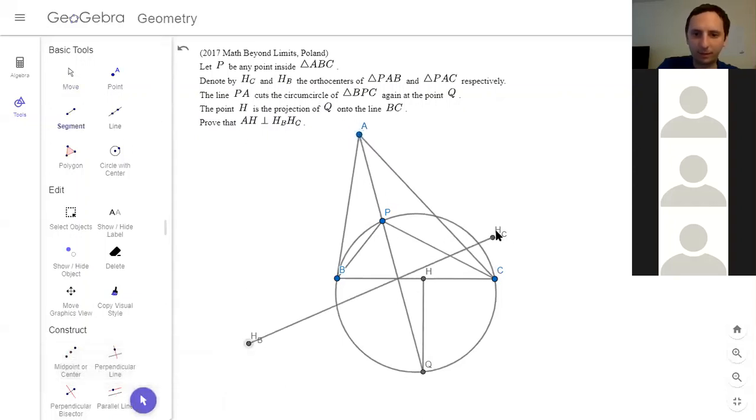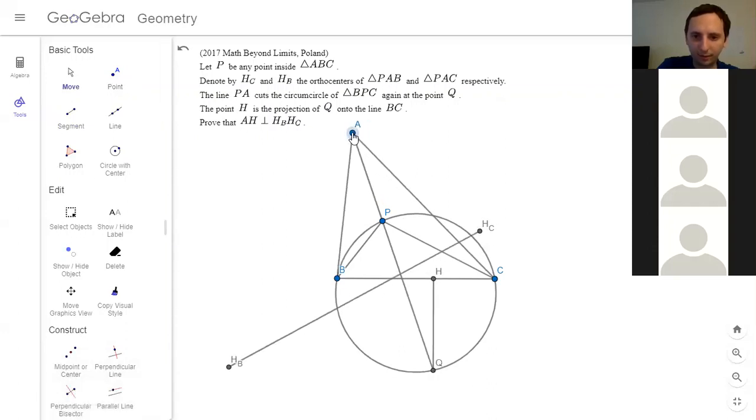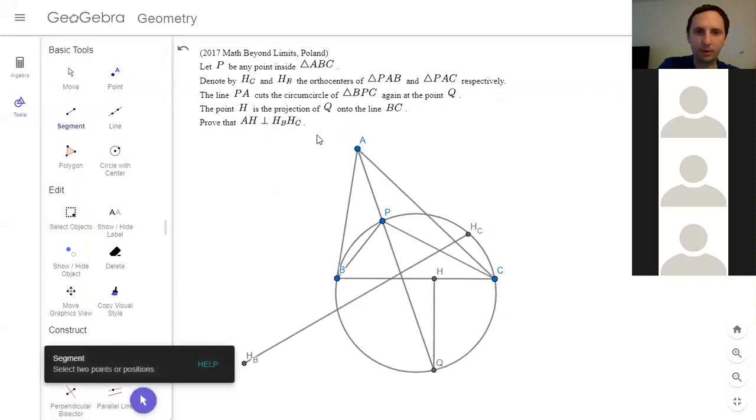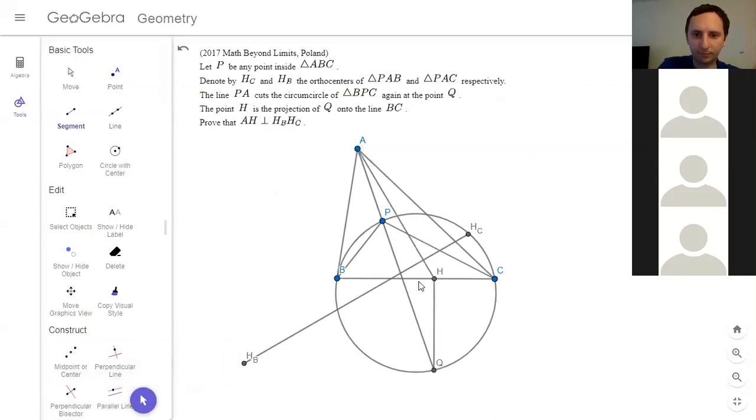Let's see. Are these collinear? Okay, so interesting. HB is the orthocenter of APC. That means P is the orthocenter of AHBC, right?